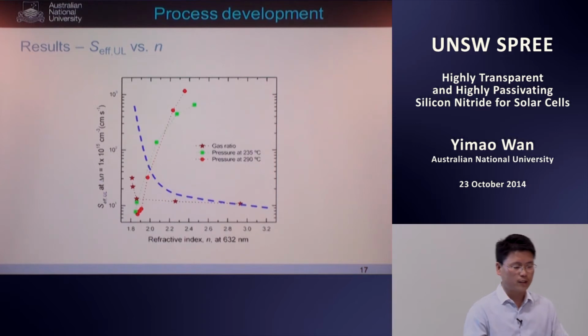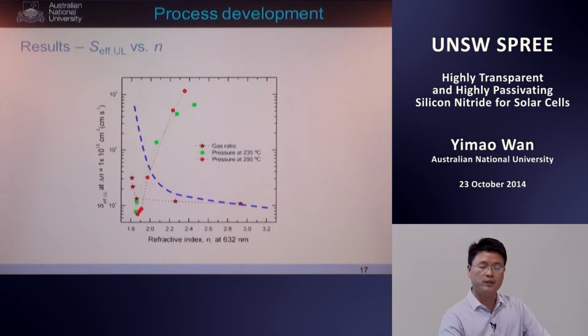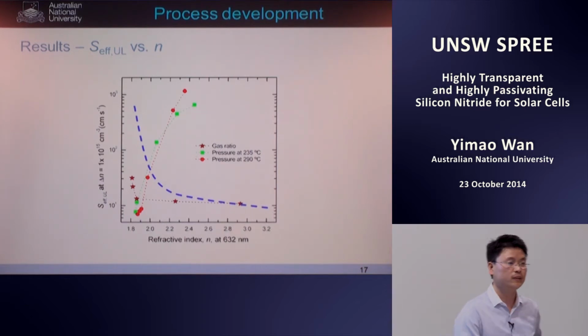But when we change the pressure, we get an opposite trend, which means the recombination increases as the refractive index increases, or as the film becomes silicon rich. And this region is the one we want to target, which has high passivation and also high transmission for the AR function, as an AR layer.